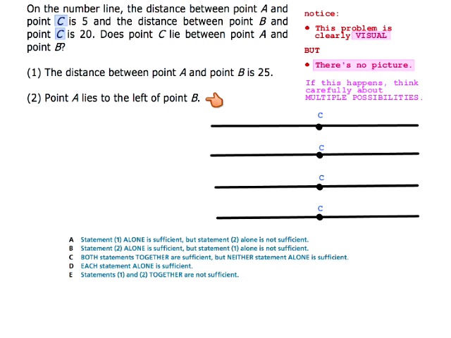So all we have is distances. We don't know where this stuff is relatively speaking in terms of left and right. So if point A is really close to point C, super close, like 5 units away, it could be there, or it could be there.